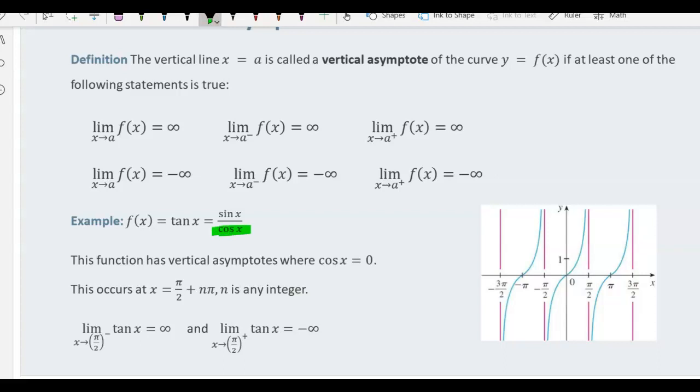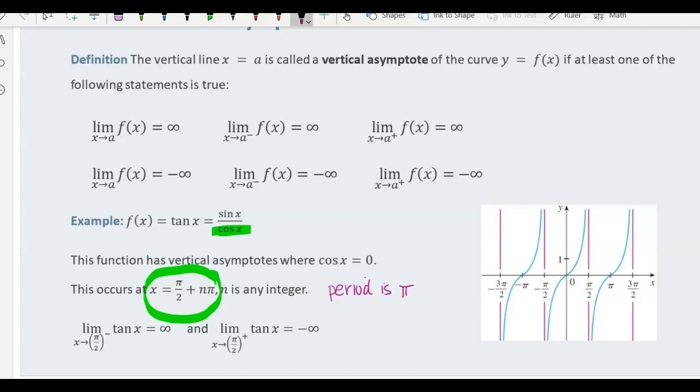We can see it from this graph at negative pi over 2, positive pi over 2, 3 pi over 2, etc. We can write this all together in this format, pi over 2 plus n pi, because the period for this graph is pi, and n is an integer, and so all of the asymptotes will be spaced out pi, and then 2 pi, and then 3 pi from the next.